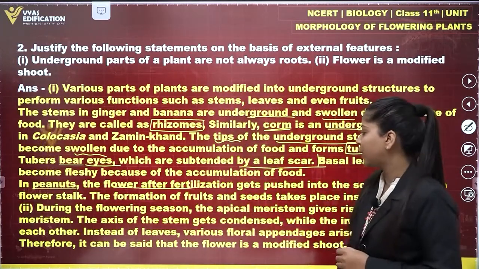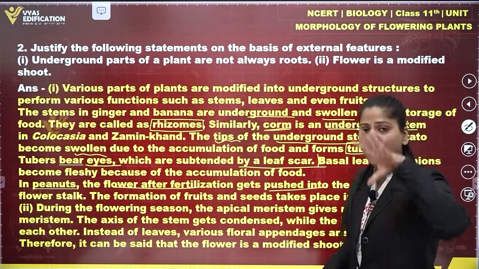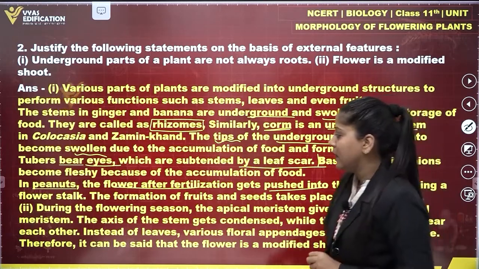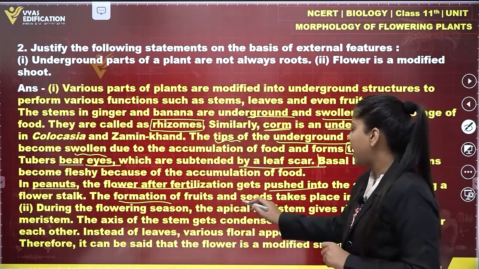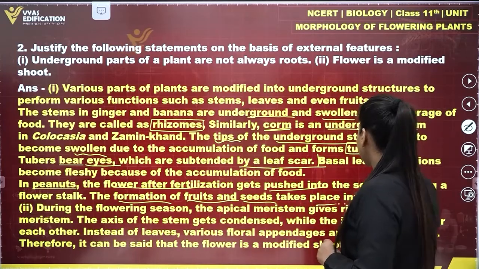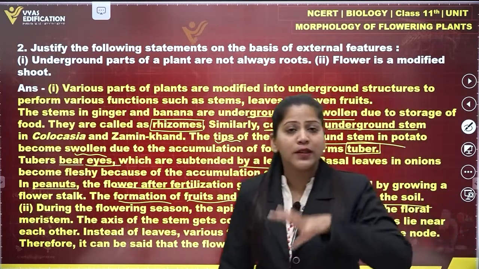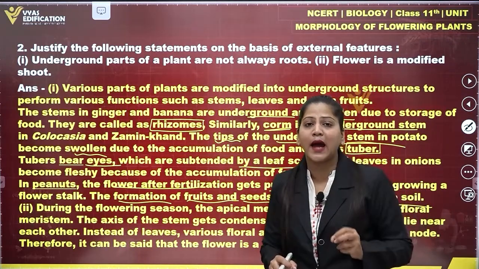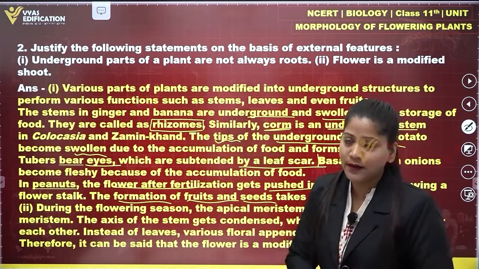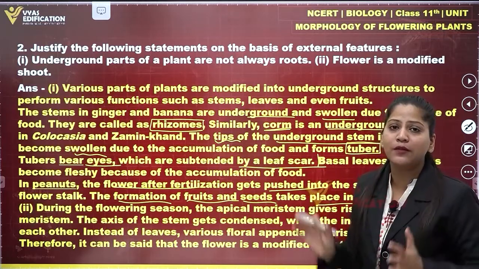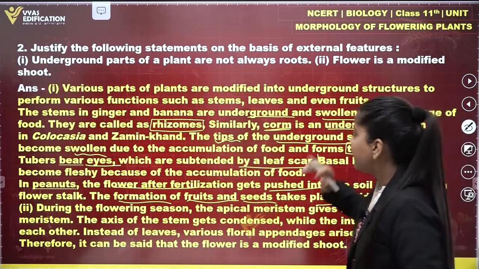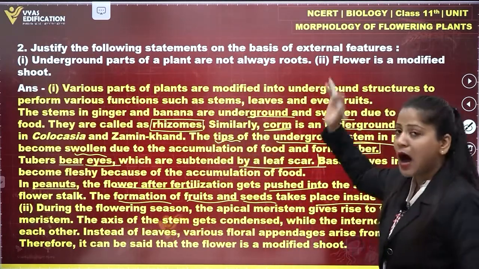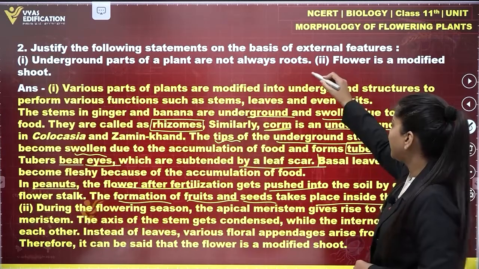The flower after fertilization gets pushed into the soil and the formation of fruits and seeds takes place inside the soil only. So these are some examples justifying statement number 1, that all underground parts of a plant are not always roots.